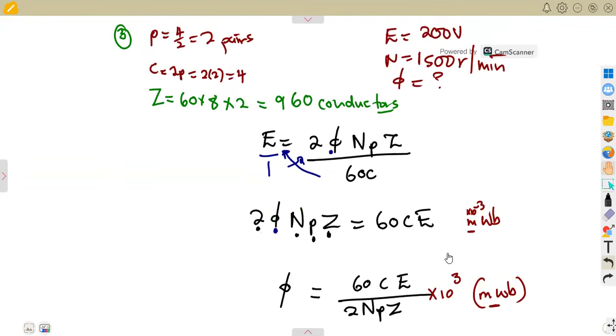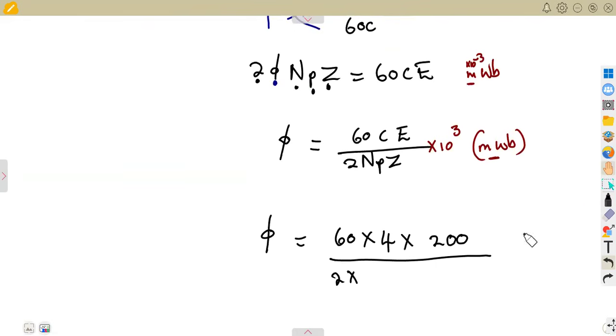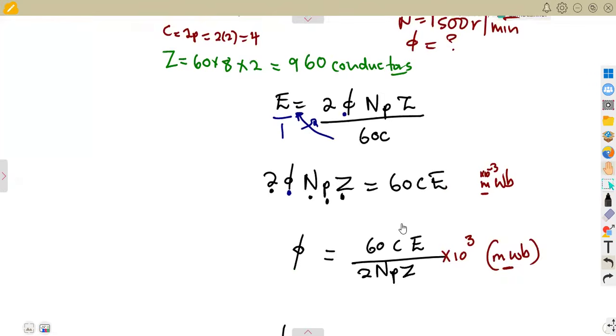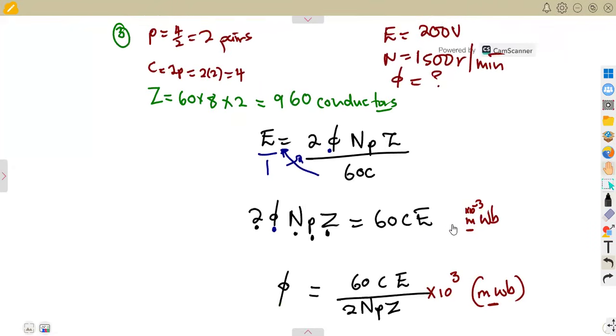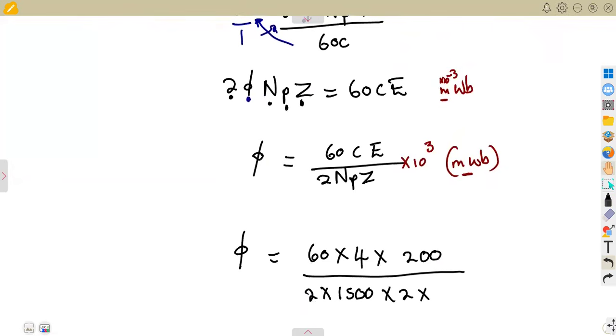Let's see our speed, 1,500. The pair poles, remember, our pair poles is 2. And the number of conductors, how many conductors? 960, that's our Z.